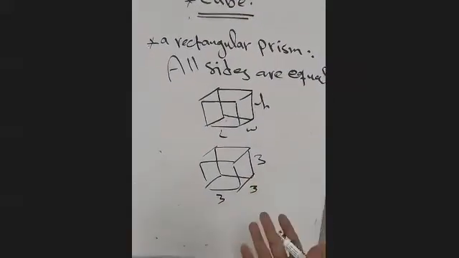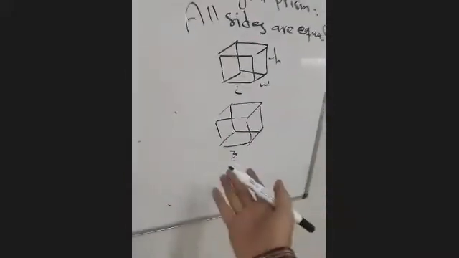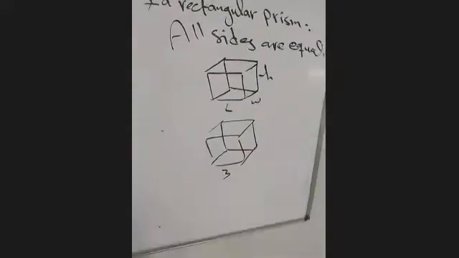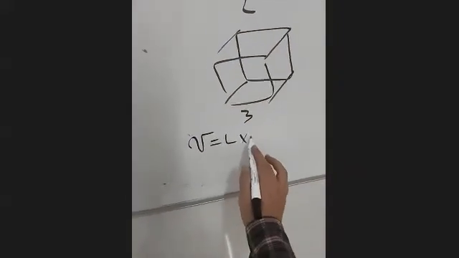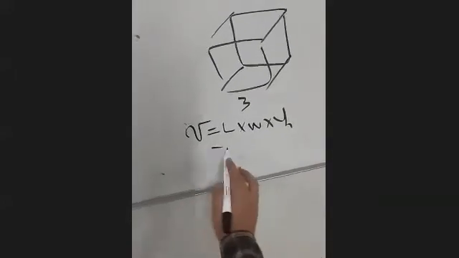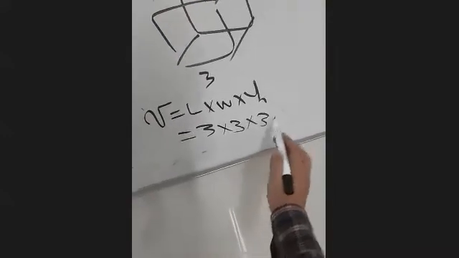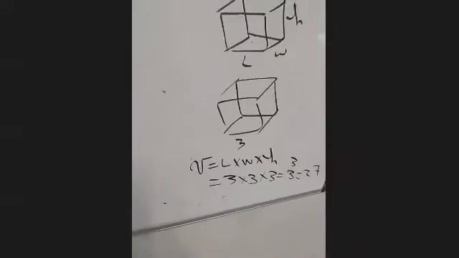Now, how to find the volume of it. If the length is 3, then the width is 3 and the height is 3. So to find the volume, we know it's length by width by height. All of them are 3, so it will be 3 by 3 by 3, which is 3 to the power 3, which is 27. 27 what?